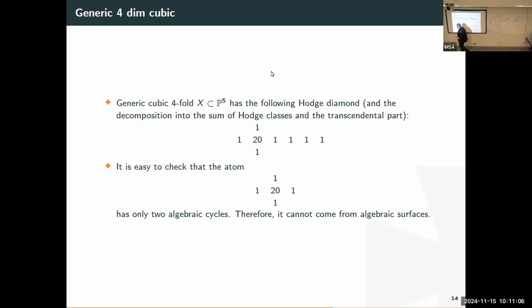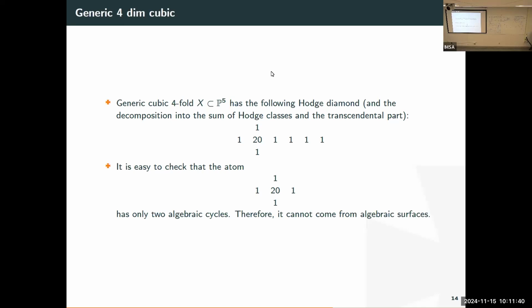Now, there are many ways to approach this, but the fastest and the easiest one is to notice that this atom actually has only two algebraic cycles in it. And all algebraic surfaces, for obvious reasons, have at least three algebraic cycles. So this atom cannot correspond to an algebraic surface. So that gives you an obstruction to rationality of generic, once again, generic four-dimensional cubic.